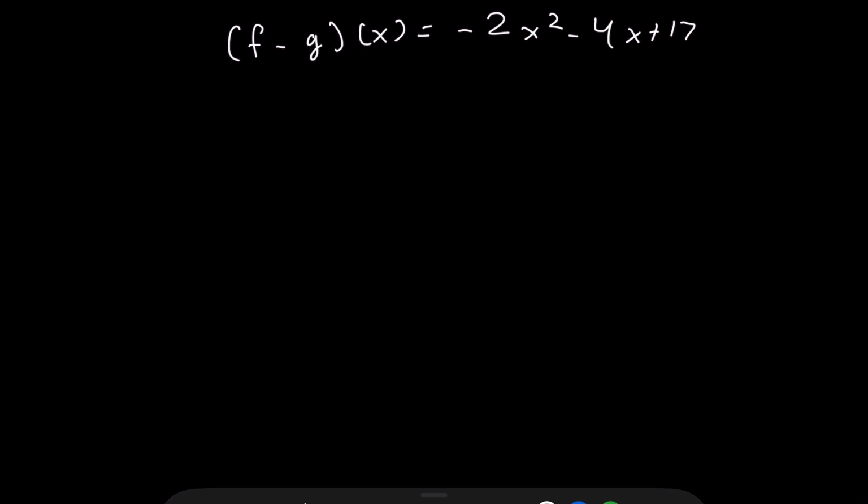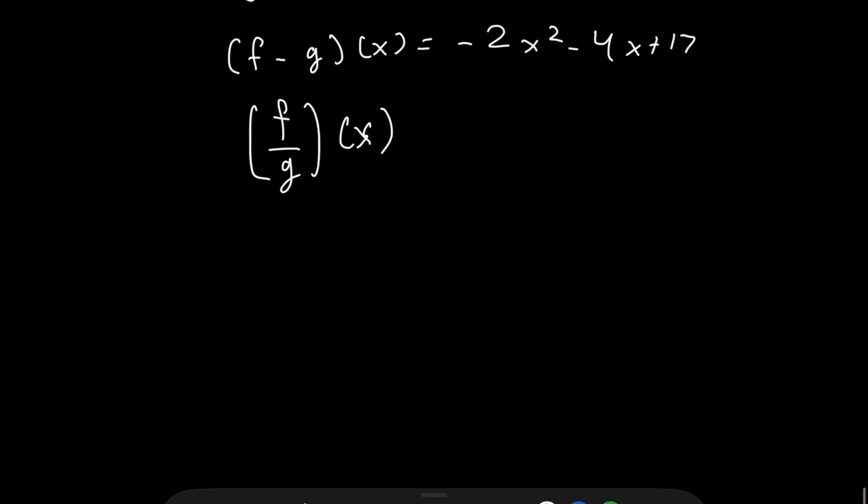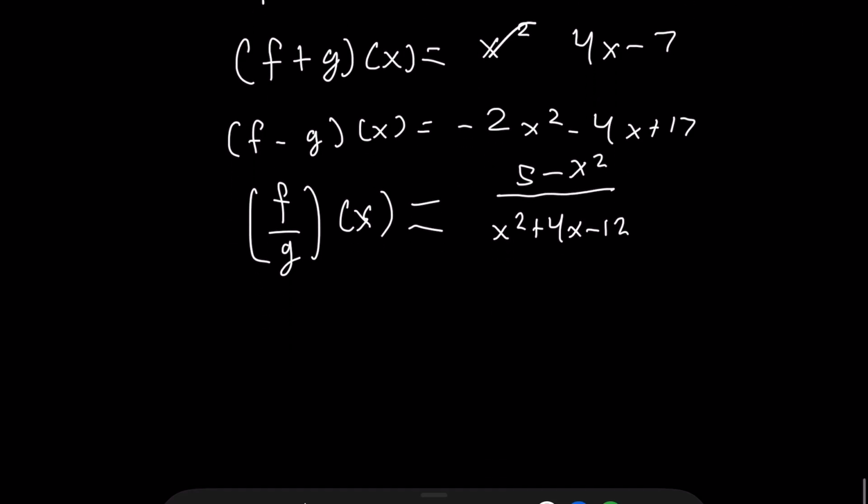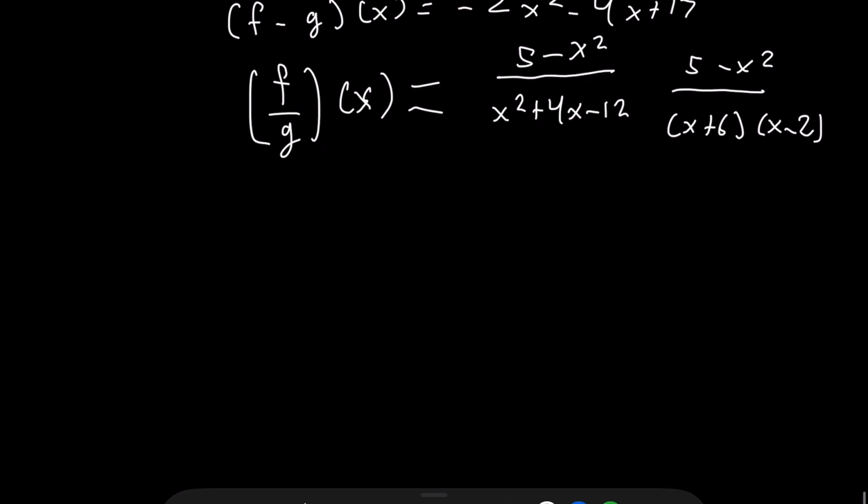Let's try something different. Okay, this gets a little complicated. Not really, but I'm actually going to factor the bottom, and you'll see why in a second. Now let's say we want to find the domain of this function.